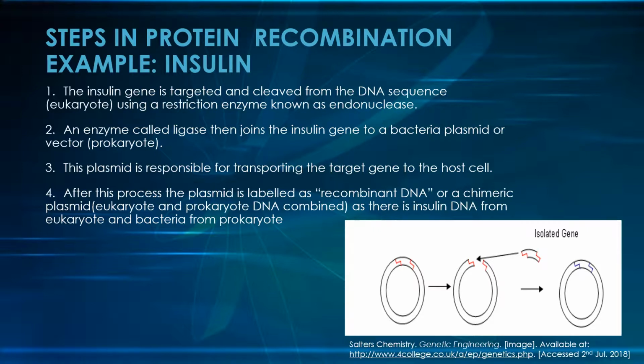To make it clear, it has come from a eukaryote cell because it is a eukaryote piece of DNA, and it is transferred into the plasmid, which is a prokaryote cell. After this process, the plasmid is labelled as recombinant DNA, also known as chimeric plasmid, which is basically just eukaryote and prokaryote DNA combined. So insulin is from a eukaryote and it is transferred into the bacteria cell, a prokaryote.